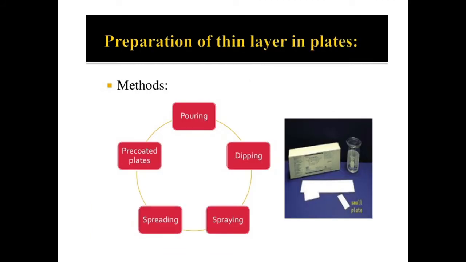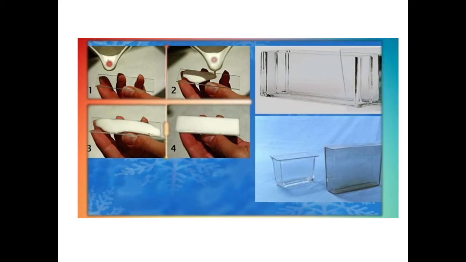Then we prepare a slurry. We have pre-coated plates, or we pour the slurry on the plate and then dip it in a tank or beaker containing solvent, allow the plate to develop, then spray the developing reagent and identify the compounds.